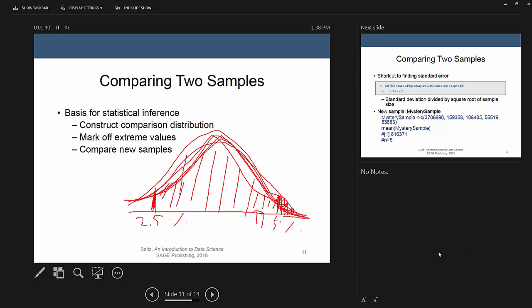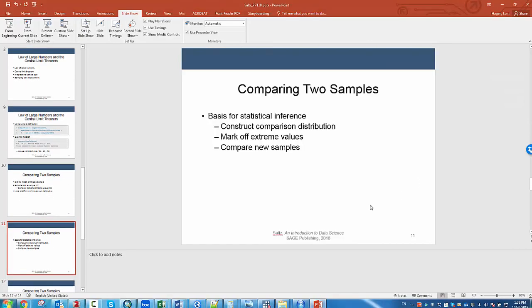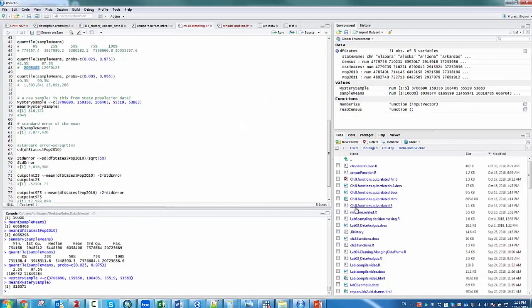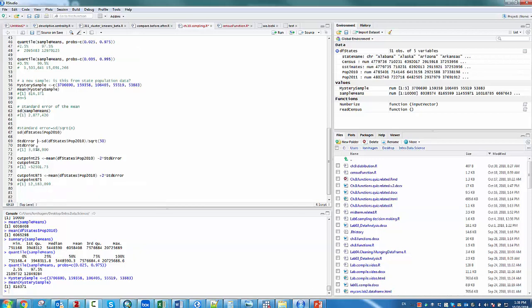That's the inference that you can make based on the information that you get from the quantile function and then the standard error that I'm going to explain. That's the use of it to make inference.